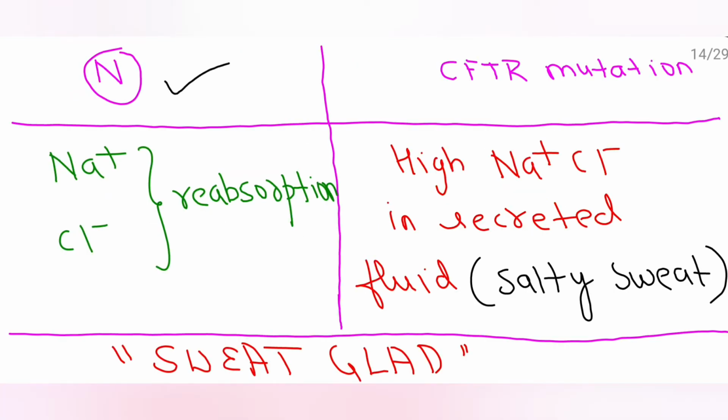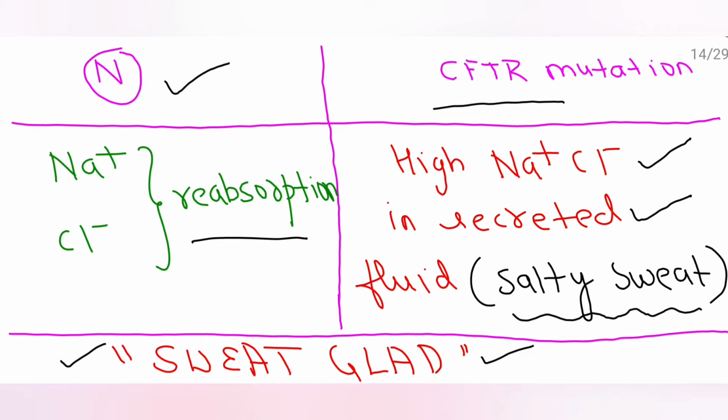Normally in the sweat gland, sodium and chloride are reabsorbed, so the secretion in the lumen is isotonic. Whereas in CFTR mutation in the sweat gland, sodium and chloride are secreted into the lumen, so the secretion in the lumen is salty. So the first symptom the mother detects in an infant is salty sweat. This is the reason for that clinical feature.